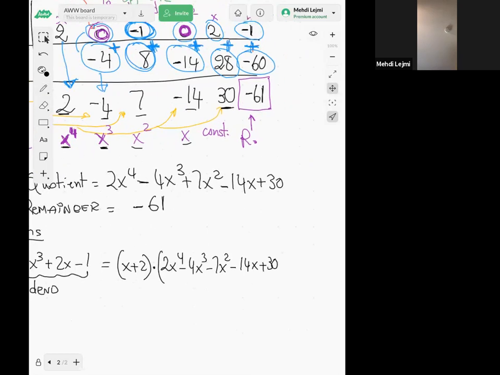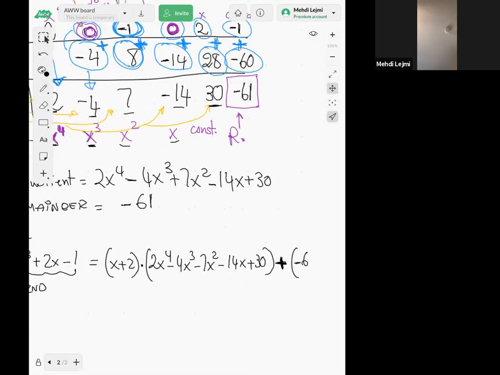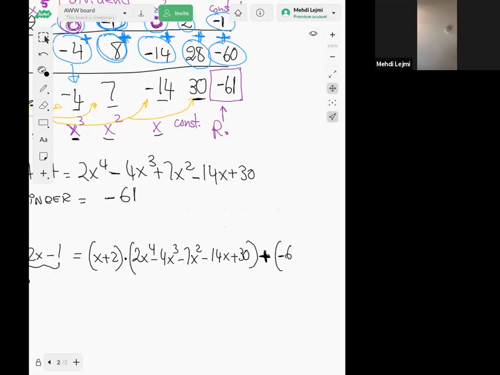Then I close the parentheses and add what's left. We are left with negative 61, so it's plus negative 61.